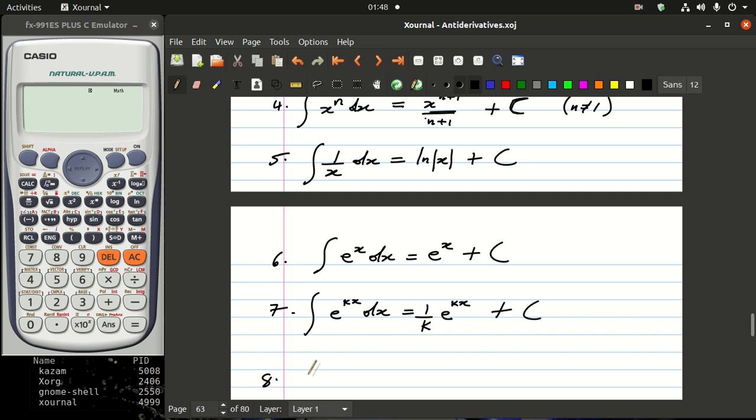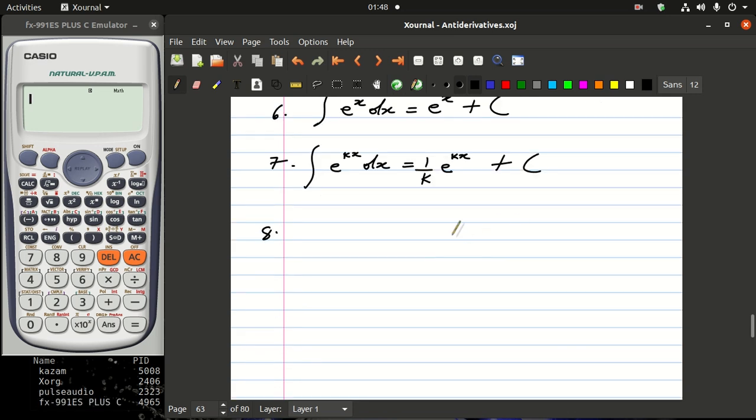The eighth one is saying, if you want to find the most general antiderivative of a raised to x dx, you must know for sure that this is the same as a raised to x divided by the natural log of the constant a, plus the constant of integration.